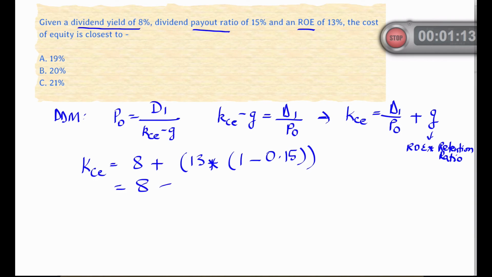So that makes it 8 plus 13 times 0.85. We plug this into our calculator. And we get the answer of 19.05%, which makes A the correct answer.